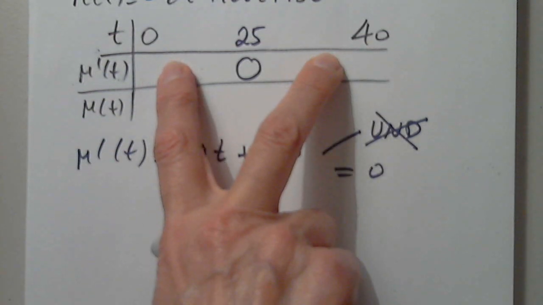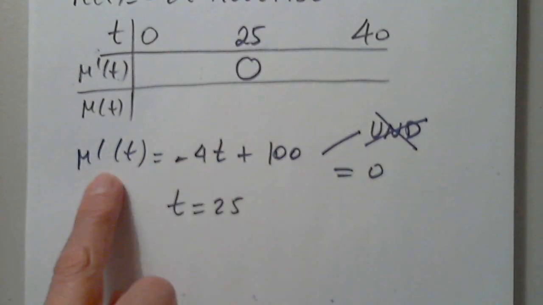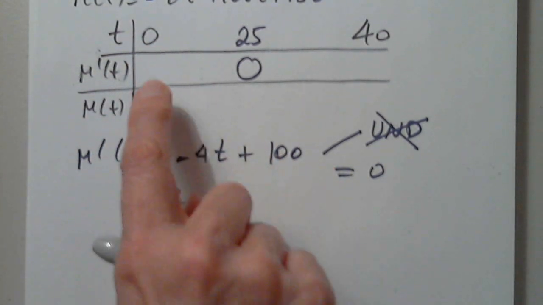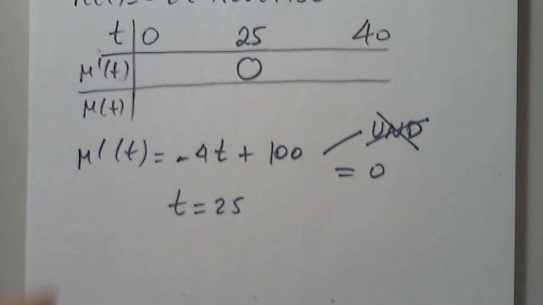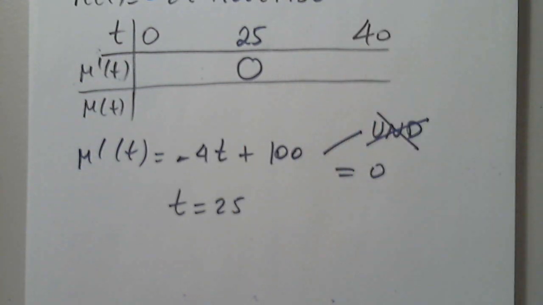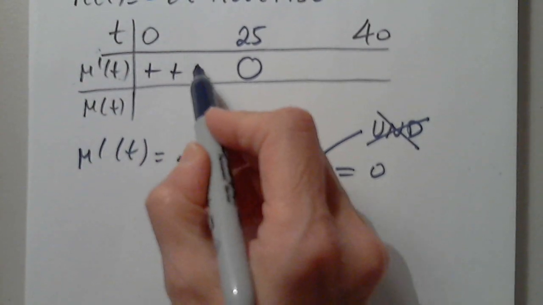Now I have to study the sign, left and right, and this is the derivative. Please plug in 0 in here and tell me the sign. And please plug in 40 in here and give me the sign. I don't need a number, I only need the sign. So when we plug in 0, we get 100. Yes, so the sign is positive.